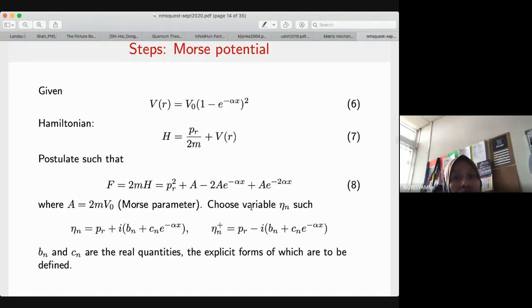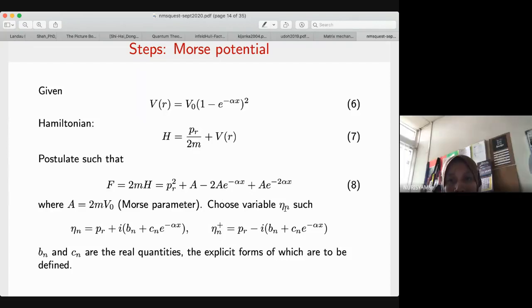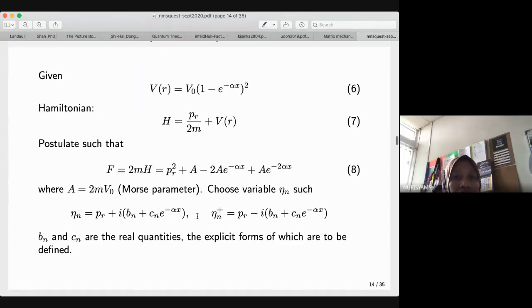For which your A here, the Morse parameter, will involve 2m V naught. Then we choose the ladder operators, eta n and eta n plus.